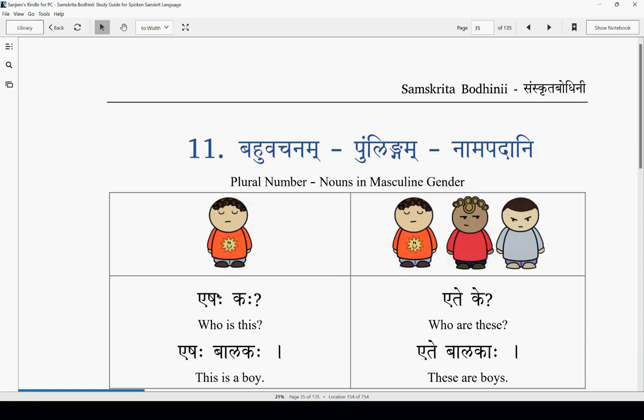Those are all pullinga, strilinga, napumsakalinga words in ekavachanam, singular. Saha, kaha are also singular. Sa, ka, tat, kim, etat are all ekavachanam. Now bahuvachanam, plural, many, not two. Two is different. More than two. Then there are some examples here.